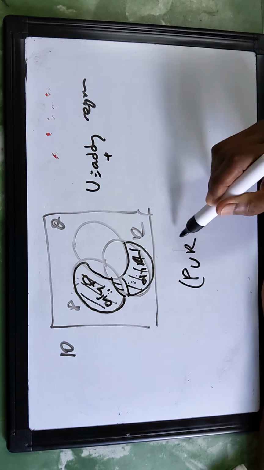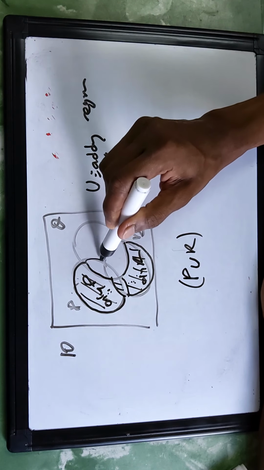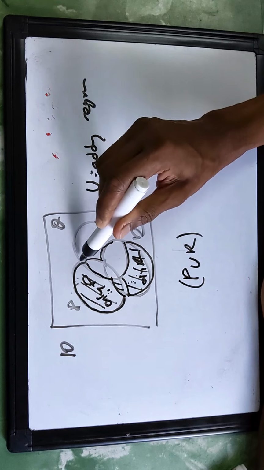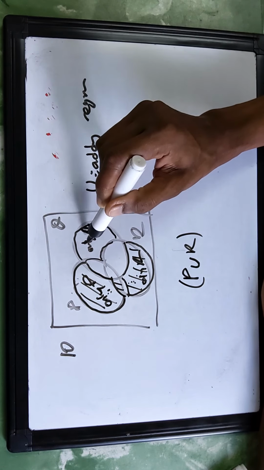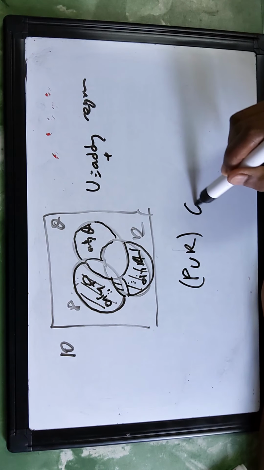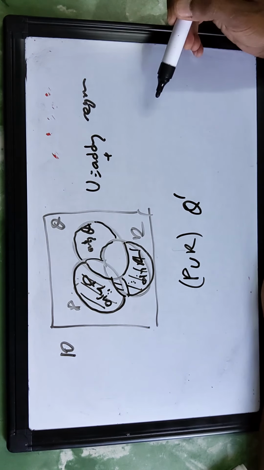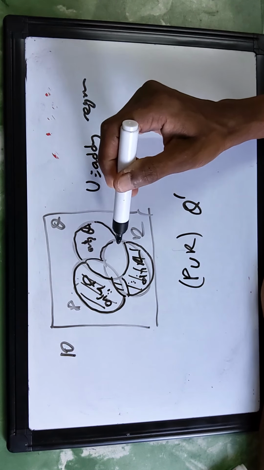So we take these two first. And then if you look at Q now, this part, only Q, you don't have Q actually. It's not shaded, meaning that it's outside Q. That's Q dash. Outside Q, because you don't have this one shaded. Only Q is not shaded. It's outside Q then.